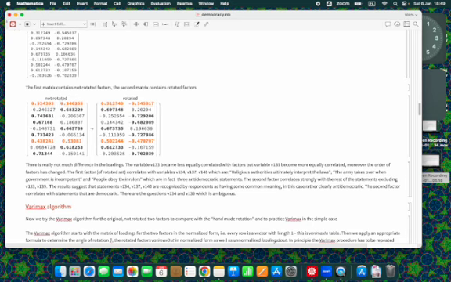We have to forget about the first and the seventh variable. However, for example, maybe we'll start with this factor. Sorry, the second factor. The second factor here correlates with variables which are rather undemocratic. So this second variable here says that religious authorities ultimately interpret the laws.